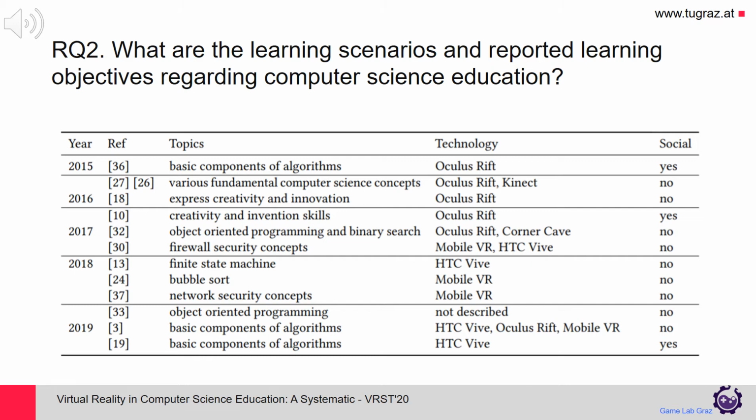Network security concepts have been investigated by VRST20 and colleagues. Tanielu and colleagues explored VR approaches for active and visual object-oriented programming, while Burns and colleagues, as well as Horst and colleagues, investigated how VR can help teaching basic components of algorithms.